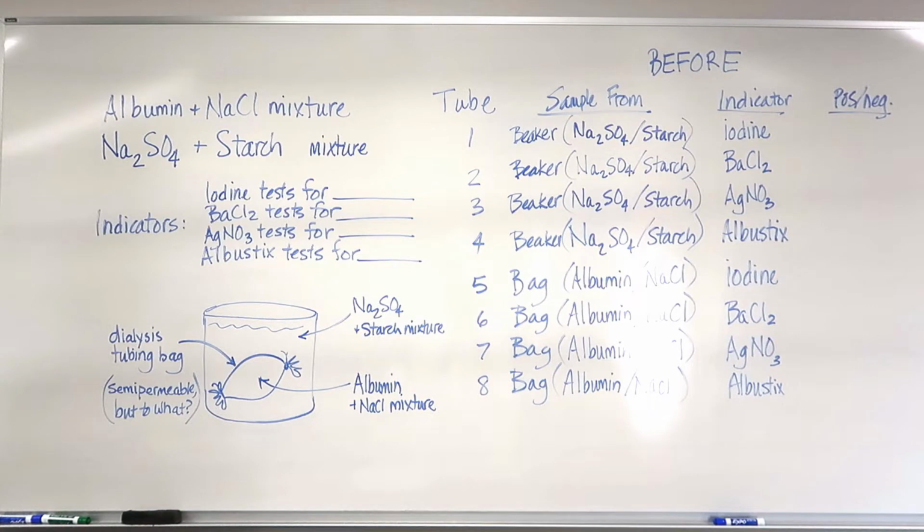And then I've written down, if we have 4 different indicators, we could test the liquid in the beaker and the liquid in the dialysis tubing bag with all 4 indicators to see what we get, and do that before we let it sit for a while. And then, after it's had a chance to do some diffusing, we'll come back and do it again, basically run the exact same 8 tubes and see if any of that changes.